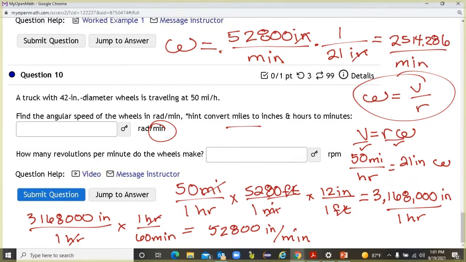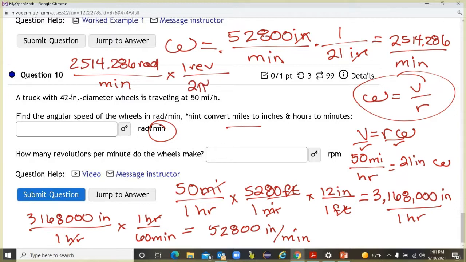And then to figure out how many revolutions that would be, this is another conversion. We are at 2514.286 radians per minute, and we want this to be in revolutions. Well, how many radians are there in 1 revolution?